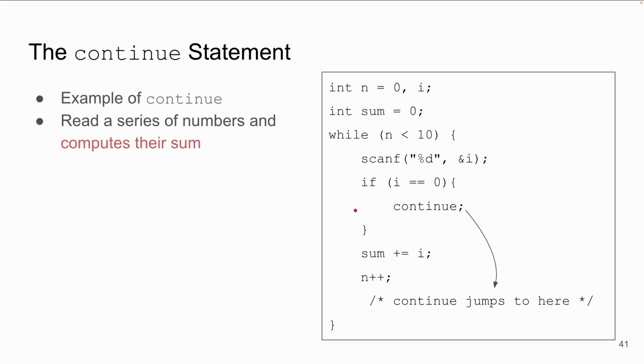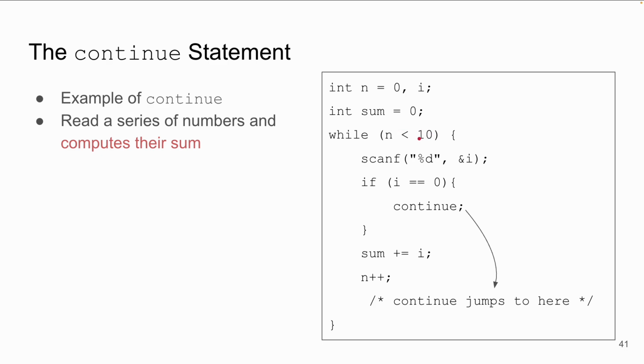So here is an example of how I can use continue. Again, we have this while loop and I have a continue here. In this example, I have n and sum, and I want to add i to sum until n reaches 10, then I will stop the loop.